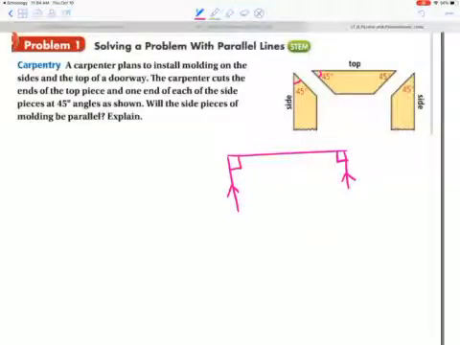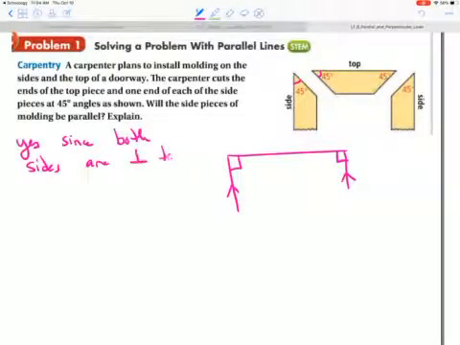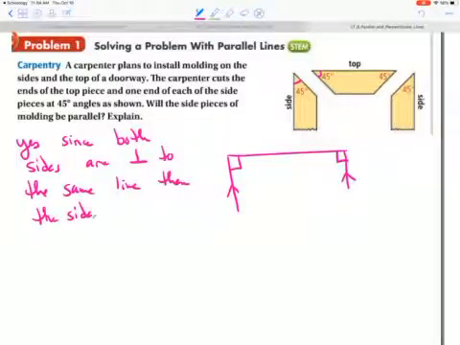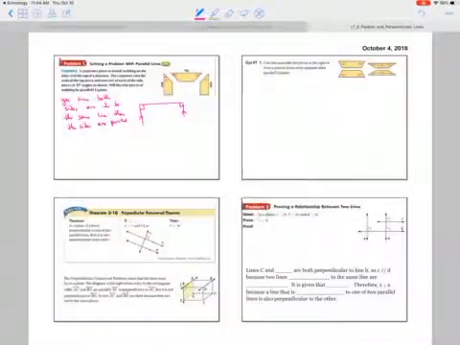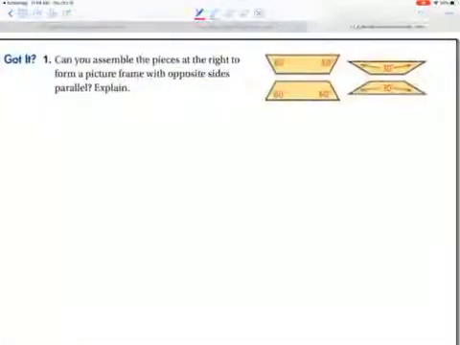The answer is yes, since both sides are perpendicular to the same line, then the sides are parallel. Pause the movie, try this one on your own, and press play when you are finished.